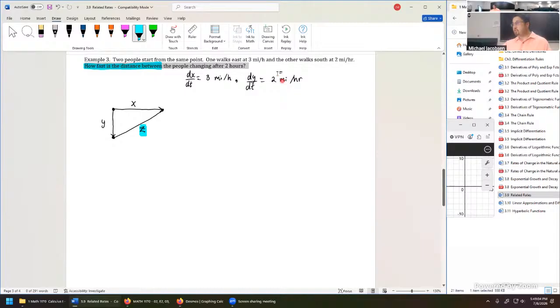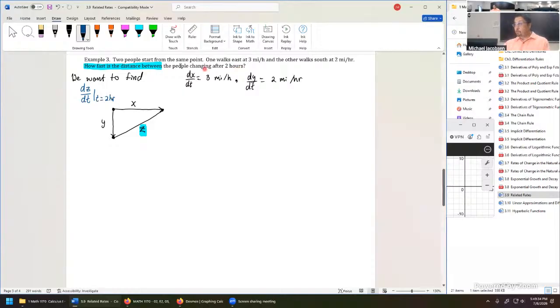But notice the way the question is phrased. The question is phrased in terms of how fast. Fast here means we're talking about a derivative. And so we want to find dz/dt, and specifically that rate of change of distance with respect to time when time equals 2 hours.